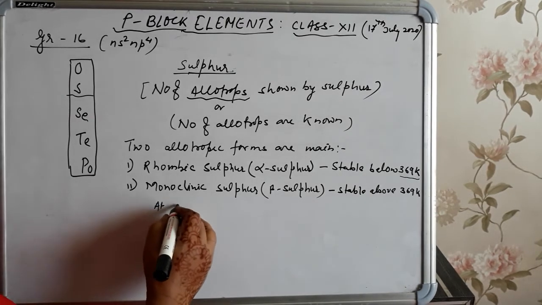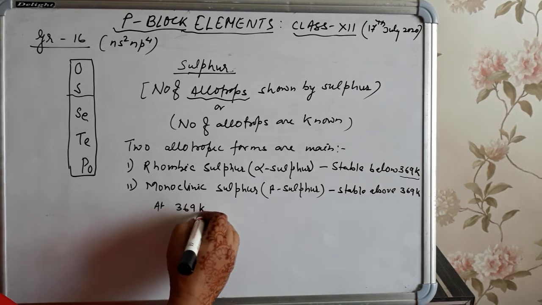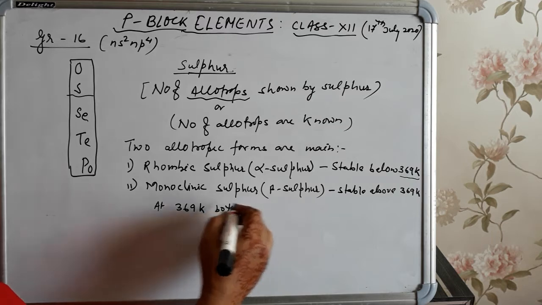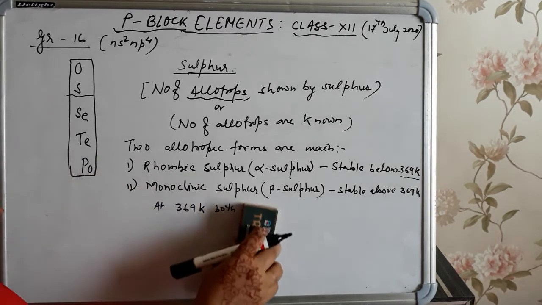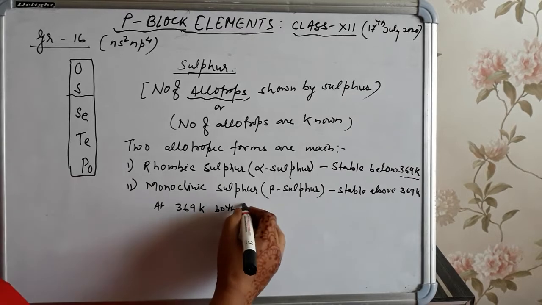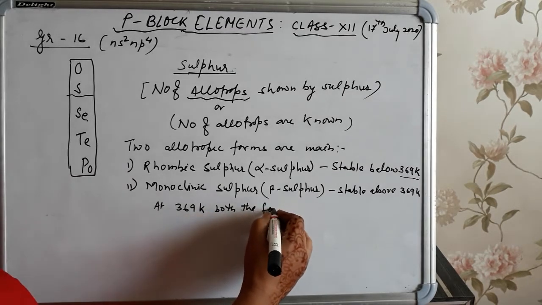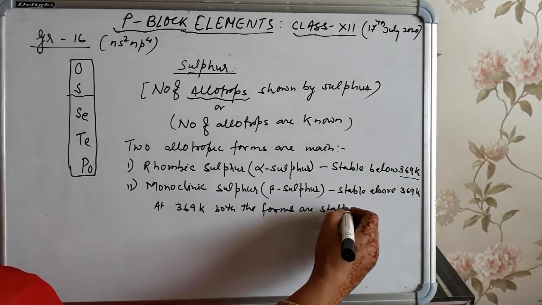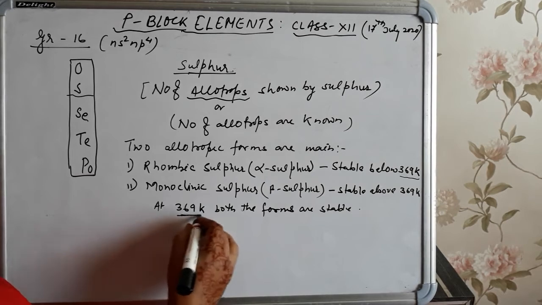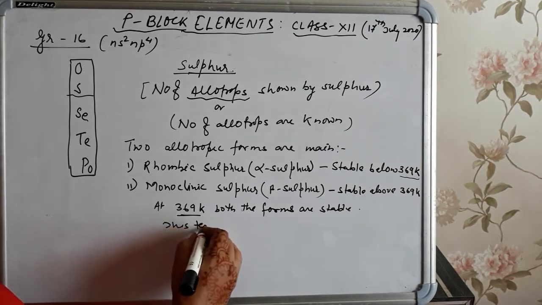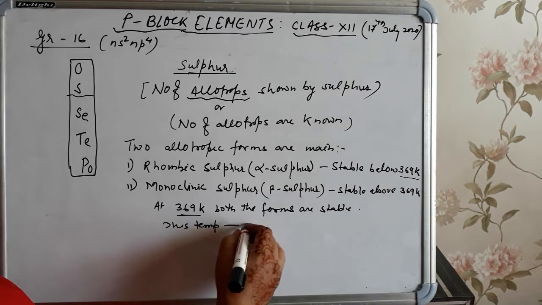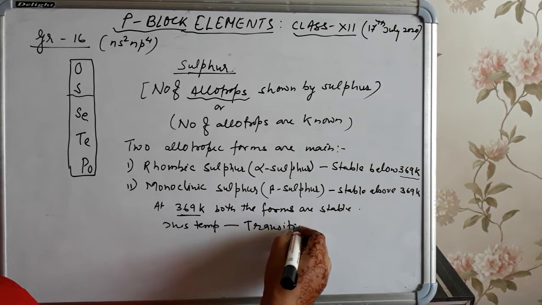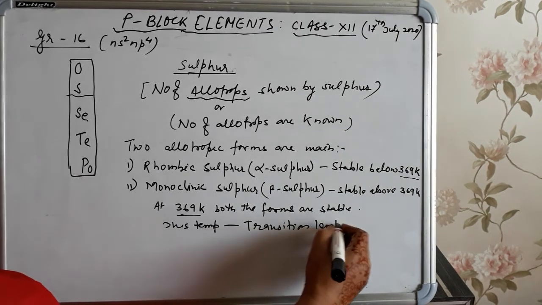At 369 Kelvin, both the forms are stable, and this temperature is known as the transition temperature.